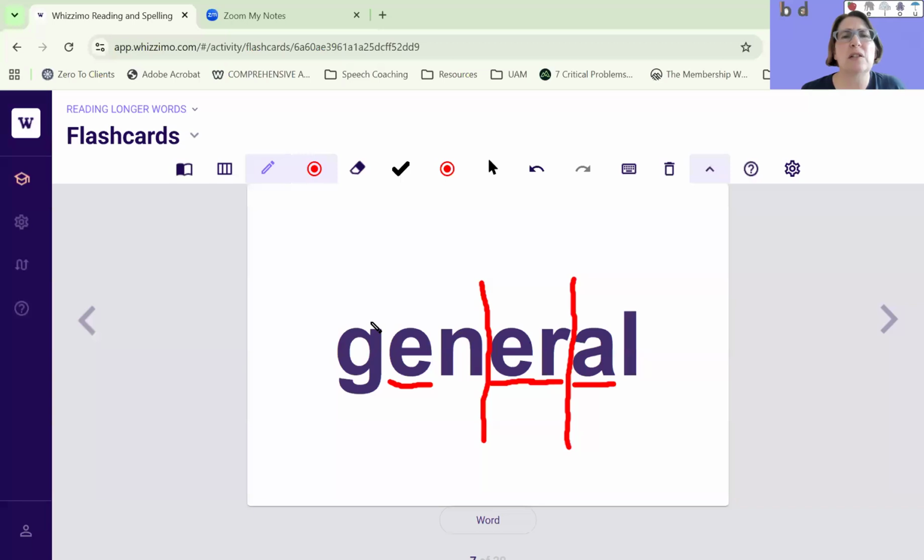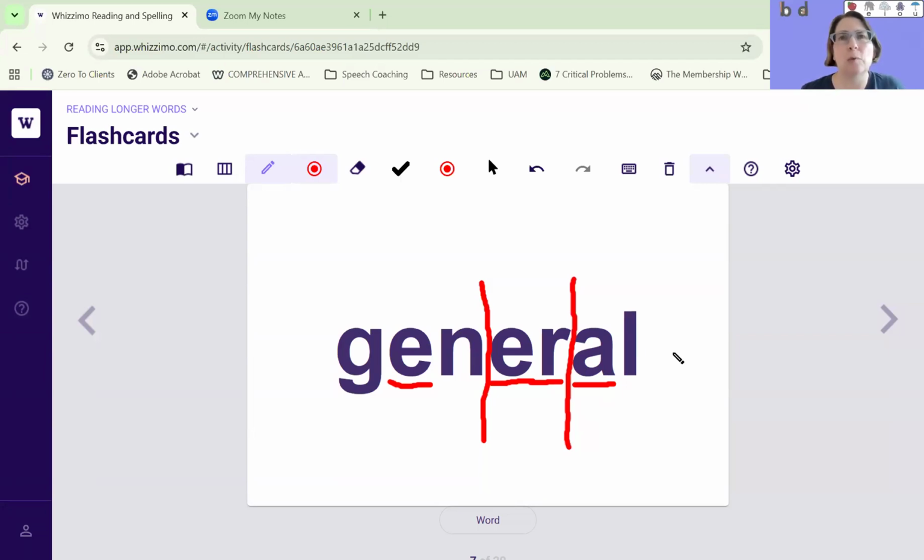That E has a job that it's doing, softening up that G. So this A over here, this could be a lazy vowel. So that would be general. General. Hey, I know that word.